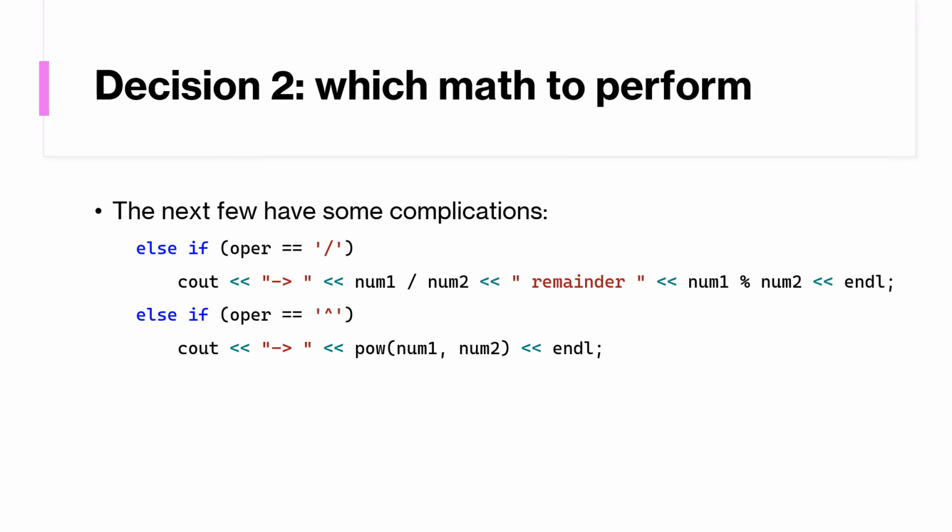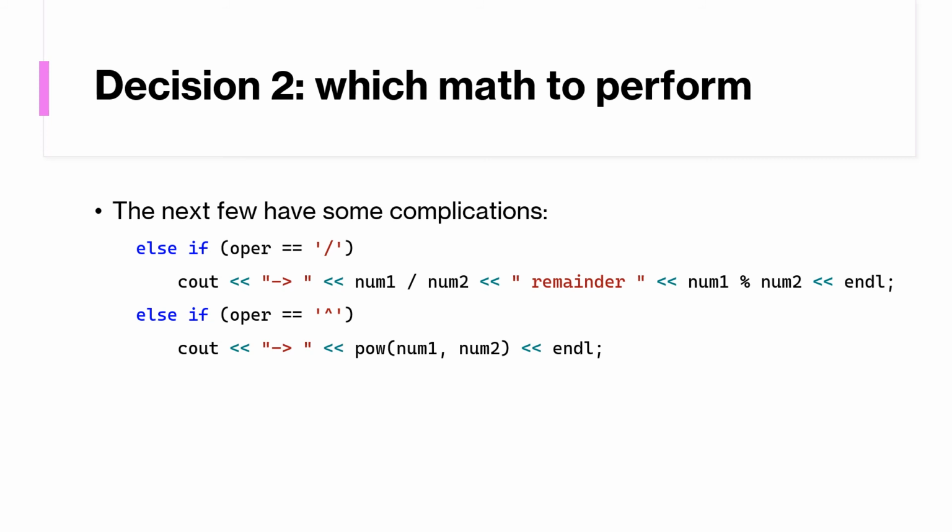If oper equals caret, I'm using that for the raised to a power. Pow of num1, num2 is what we have to use because in C++, whoever invented C way back when did not seem to think it was important to have an exponentiation operator in the language.